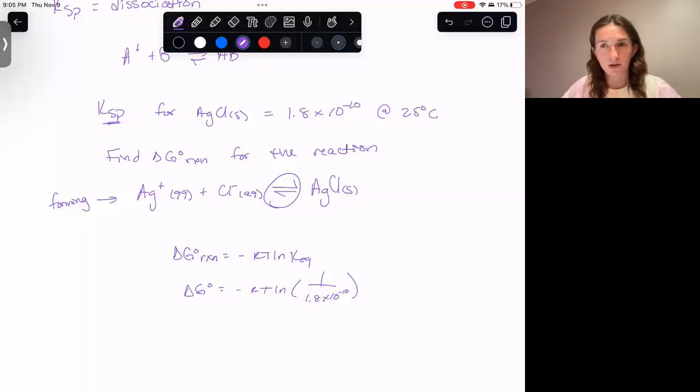Does that help a little bit with what they would ask for in order to flip it? Right, Ksp is things breaking apart. If you want to use it in the reaction, it's probably going to be forming together, and that's going to be when you have to flip it. Good.